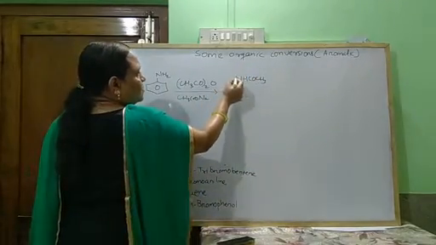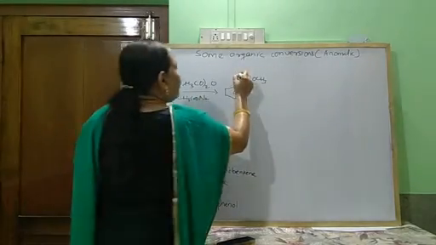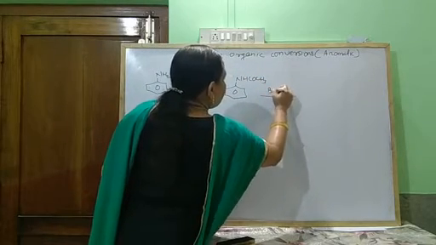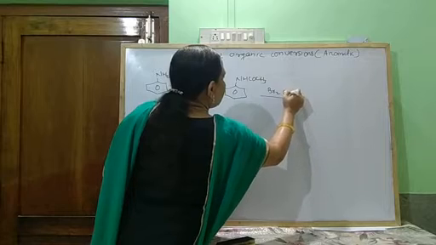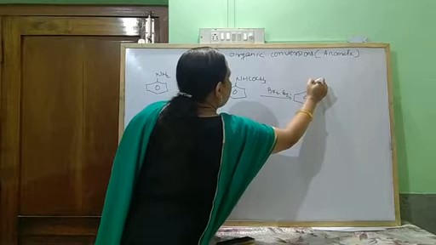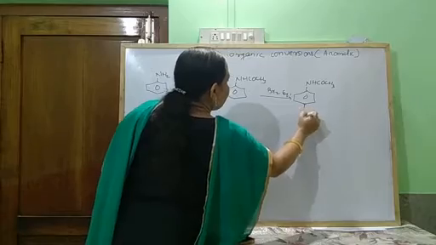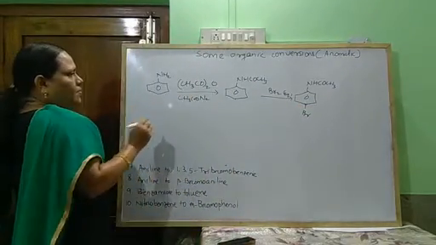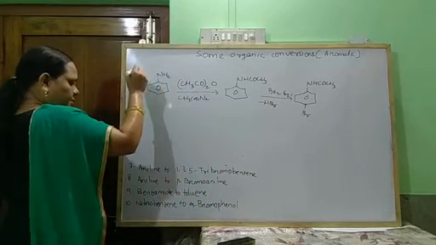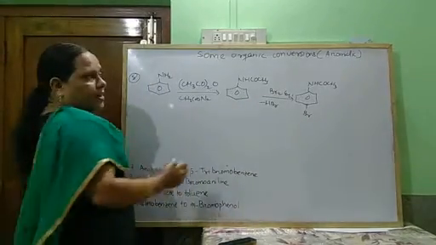Now the activating nature of this amine group is decreased, and when this is treated with bromine water, it forms parabromoacetanilide.